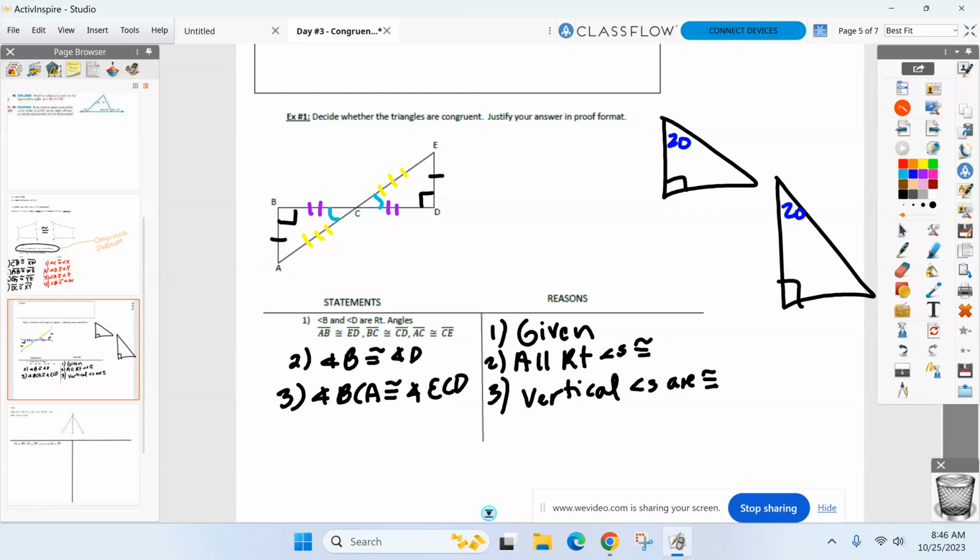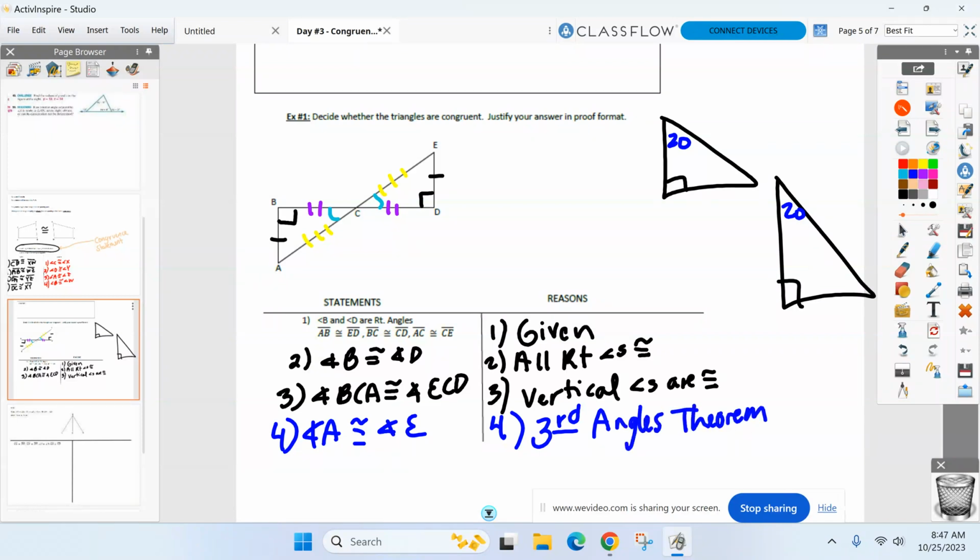If I already have two pairs of angles that are equal, doesn't the third pair have to be equal? Because they have to add to 180. And that is how we are going to get the third set equal. Angle A congruent to angle E. And I'm going to introduce a new fact called the third angles theorem, which we'll write down at the bottom of your packet in a second. Third angles theorem.